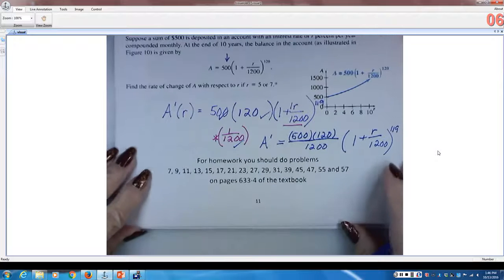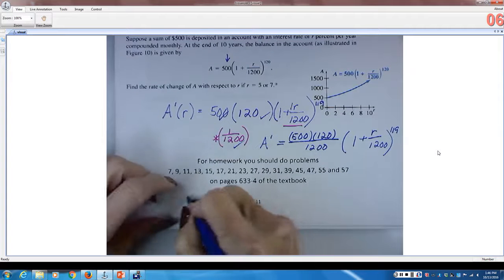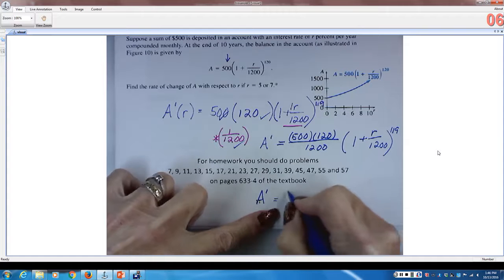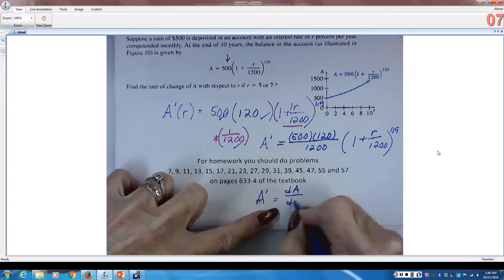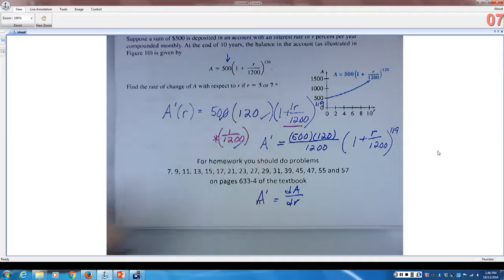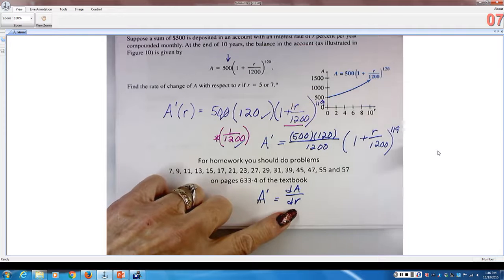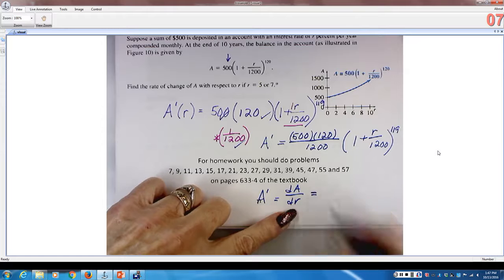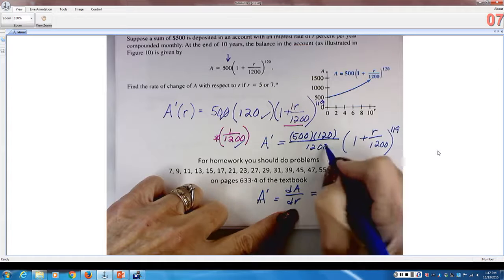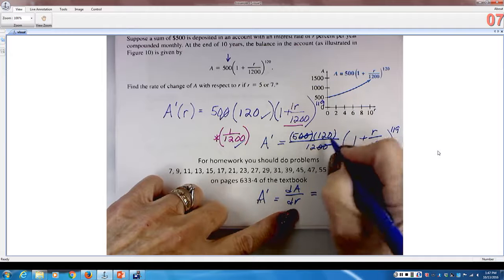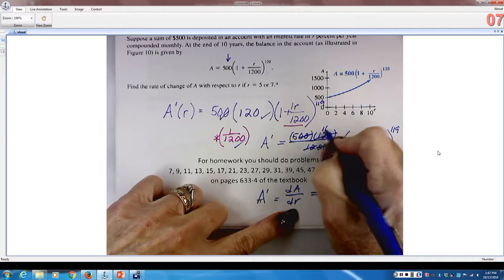So if we completely clean it up, A prime, which is the same as dA/dr in the other alternative notation, is going to be equal to, let's see, divide top and bottom by 100. 12 goes into 120 10 times.